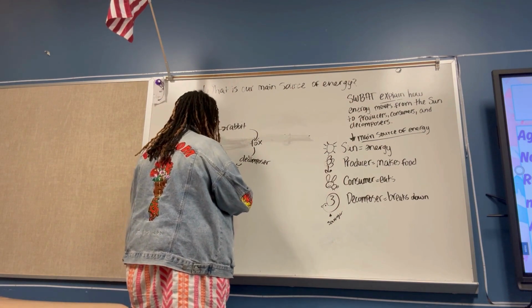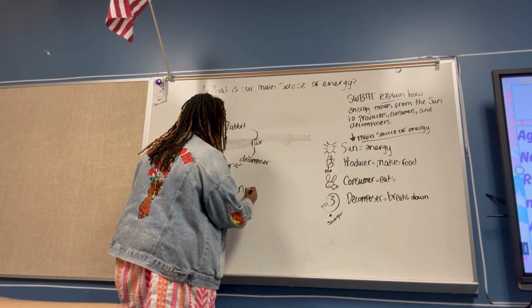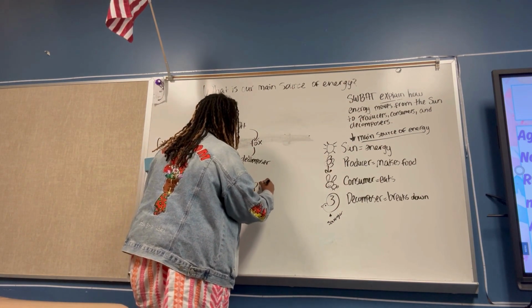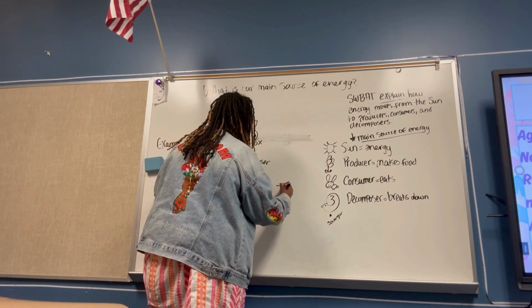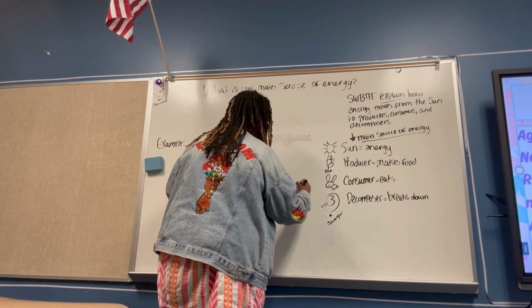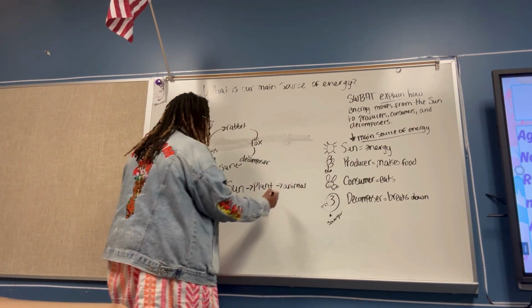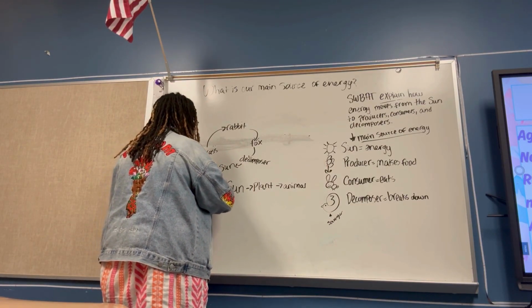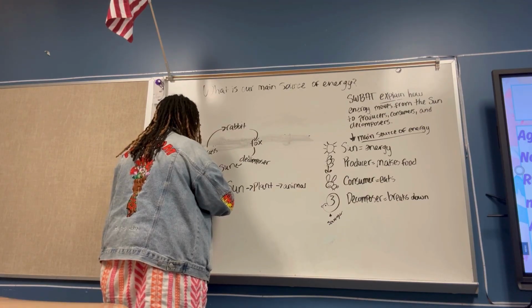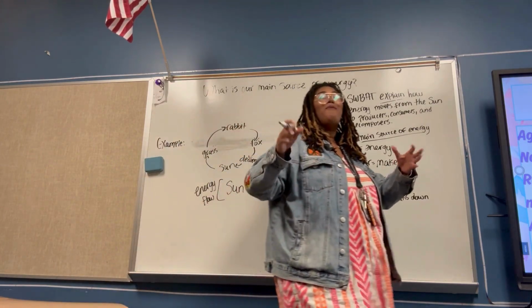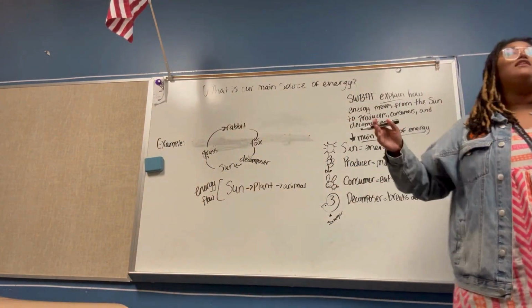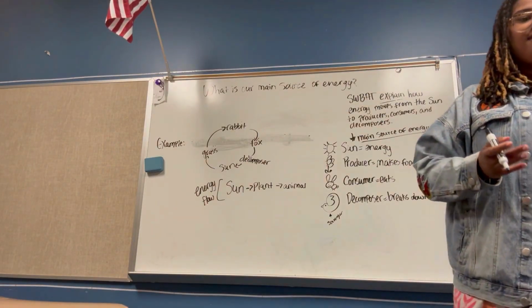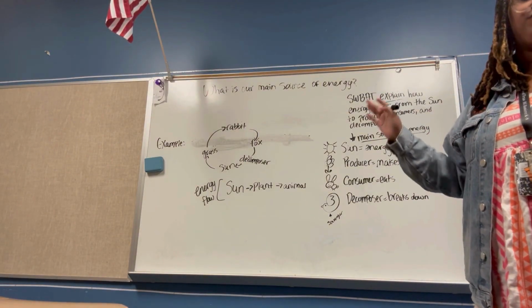Your sun goes to your plant, which goes to your animal. All of this is called energy flow. It's the way that energy is passed down throughout these living things. That's important for our food web.